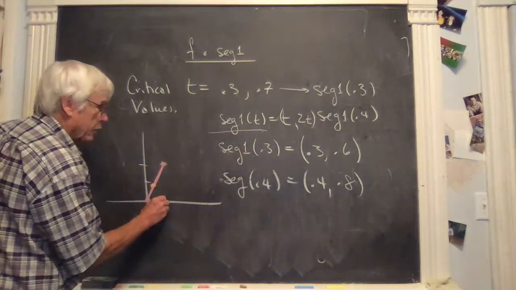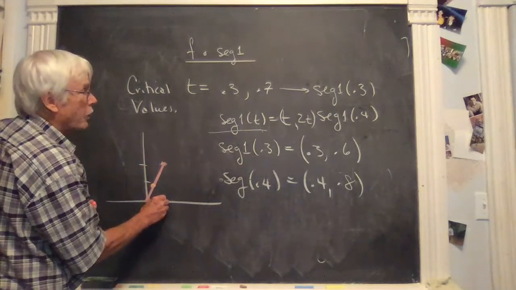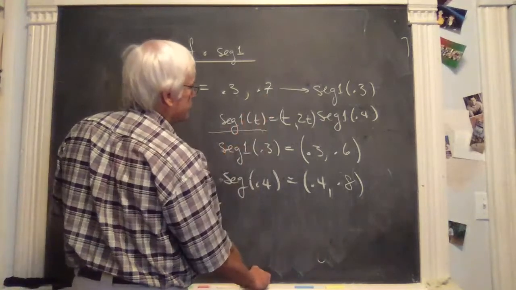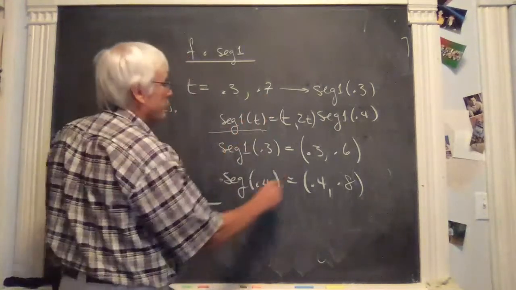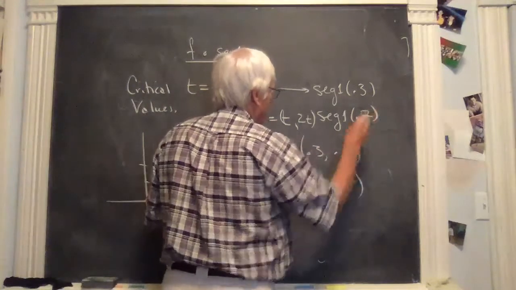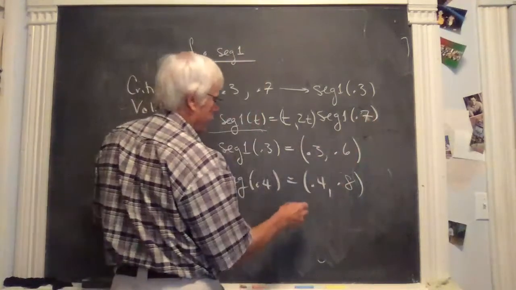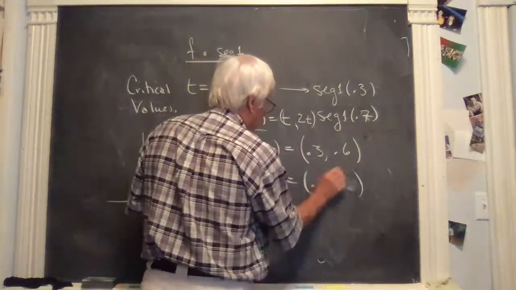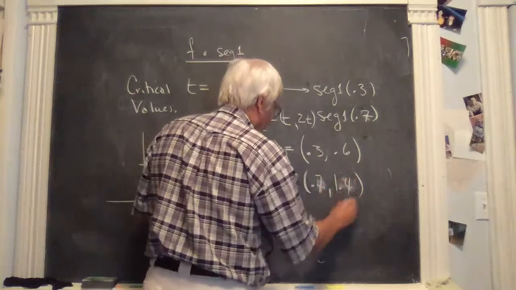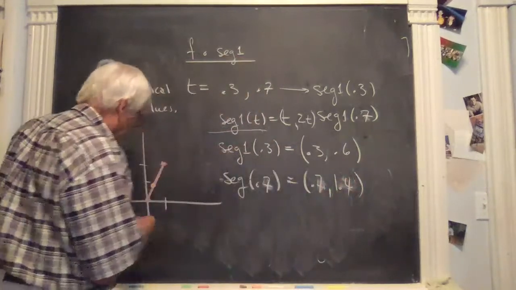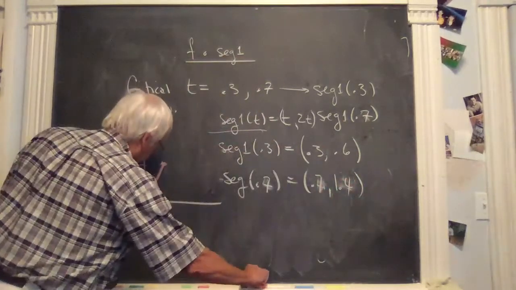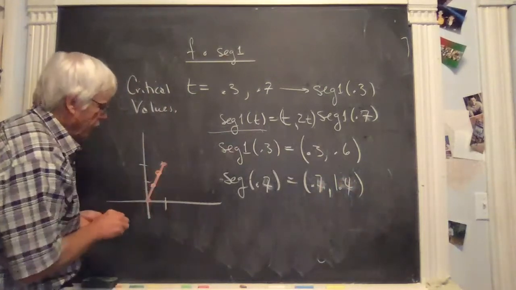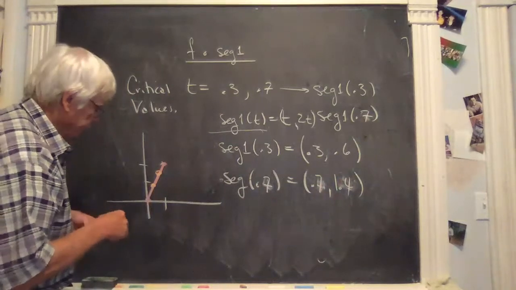And the other one is 0.7. Can't read my own writing. It should have been segment 1 of 0.7, which would be 0.7, 1.4. These are possibilities for the maximum.